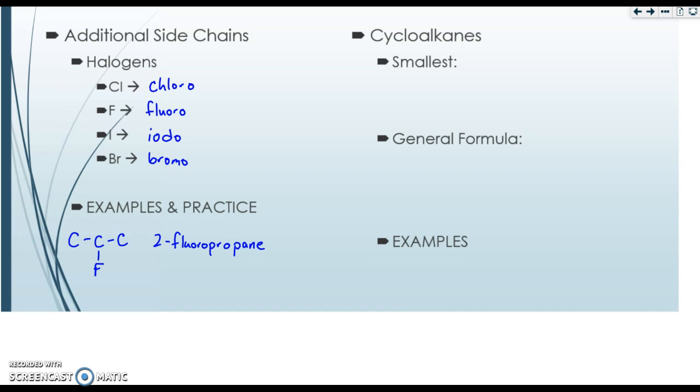If instead I had something like this, and I had a chlorine, and I had a chlorine, all my other rules still apply. Since I have 2 Cl groups, it's a dichloro. So again, it's 2,3-dichloro, and the longest carbon chain is 4, so it's a butane.